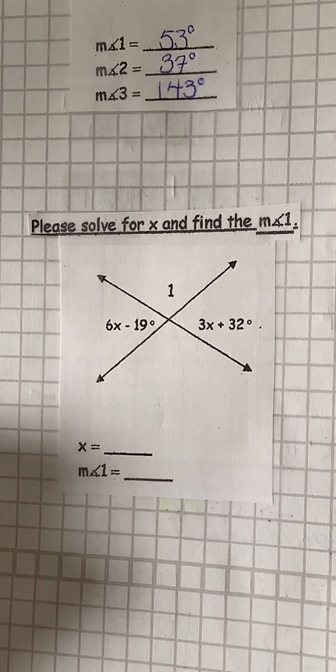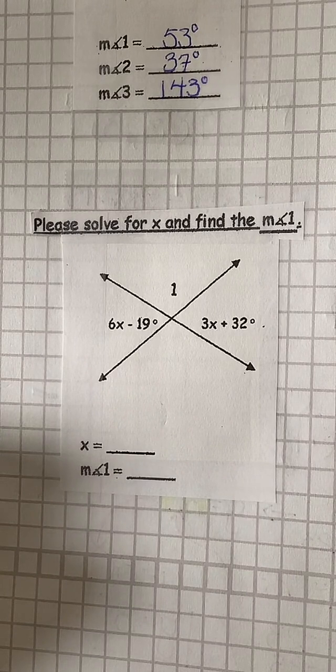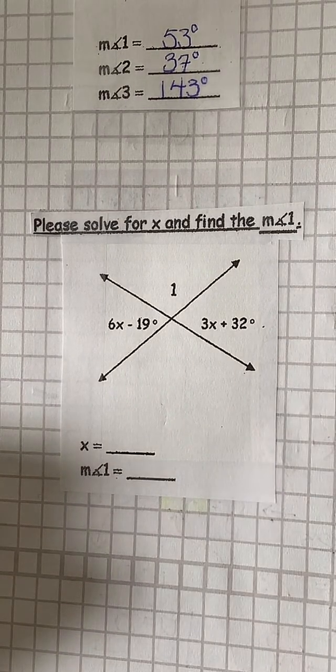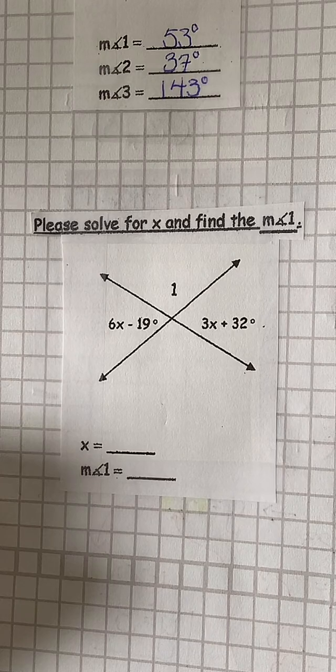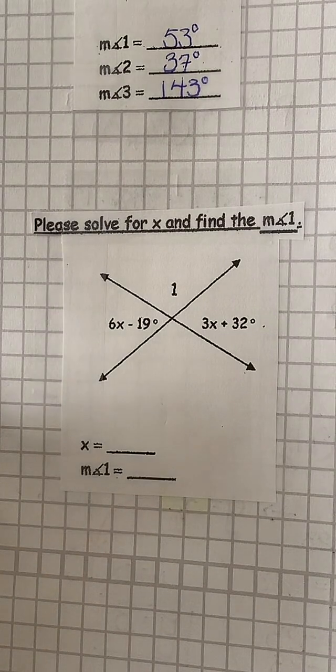All right, so let me see if I can angle this a lot better because my sun is shifting. All right, so tell me what X is. Tell me what the measure of angle 1 is. Okay, good. So what is X and what is the measure of angle 1? Did I get it correct? Okay, where are you? Did you get it correct? I didn't see your initial answer.